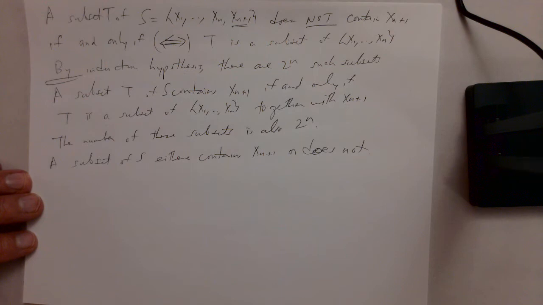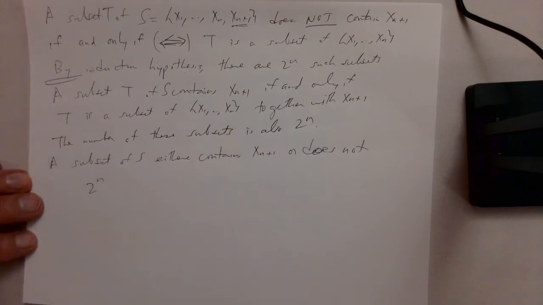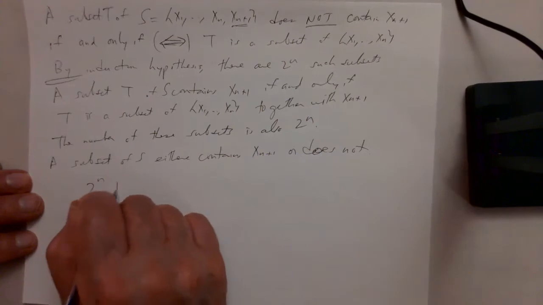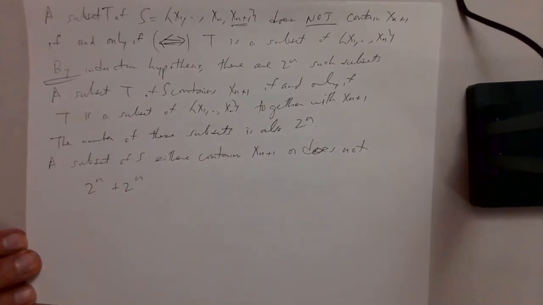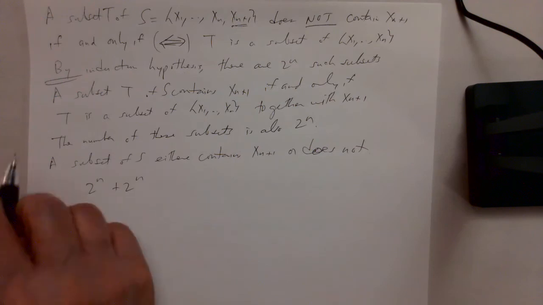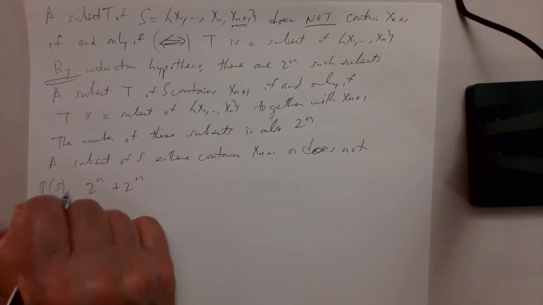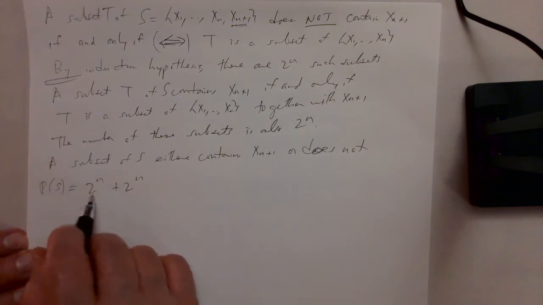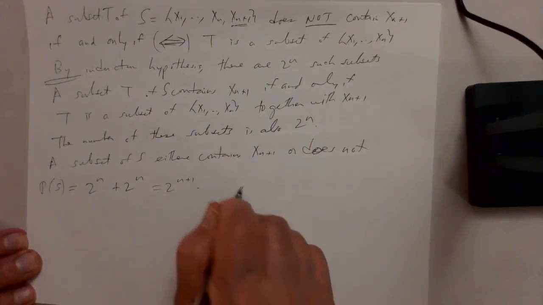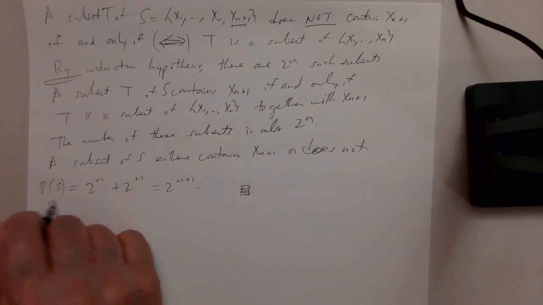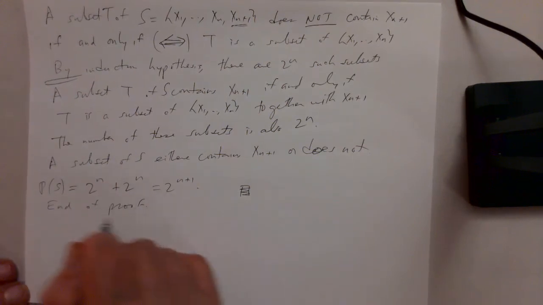The ones that don't contain xn plus 1, there are 2 to the n of them. The ones that do contain xn plus 1, there are 2 to the n of those. Those collections have no elements in common. So the number of subsets in the power set of this set S with n plus 1 elements is 2 to the n plus 2 to the n, which is 2 to the n plus 1. And the proof.